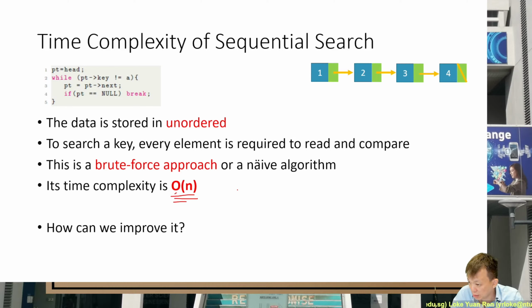Maybe I can answer the last question. If Fn's growth rate is faster than Gn, does it mean that Fn will take longer time? That means the algorithm takes longer time, it's slower.